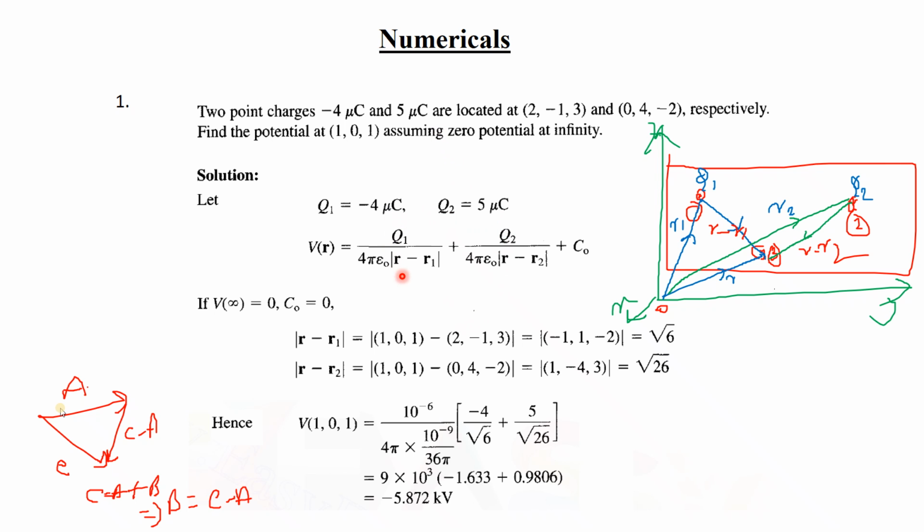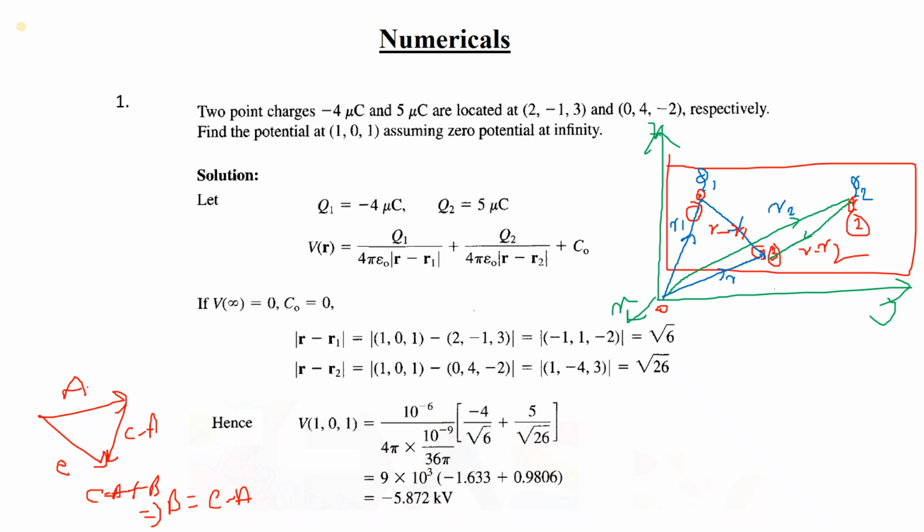Now Q1 is given as minus 4 microcoulomb, Q2 is 5 microcoulomb. Now you have to find the distance, the mod of r minus r1 and the mod of r minus r2. You have to find the potential, so it is a scalar and only the magnitude will do. So how are they doing this? You cannot write it in this way. We know very easily that r minus r1 means, r is this distance from 0 to 1.